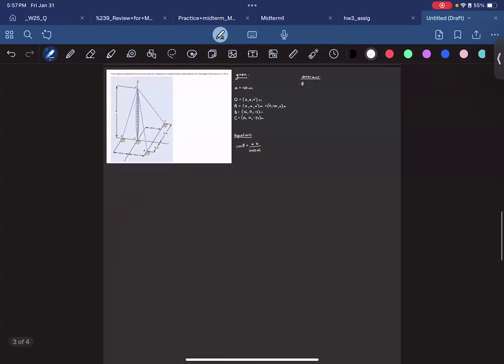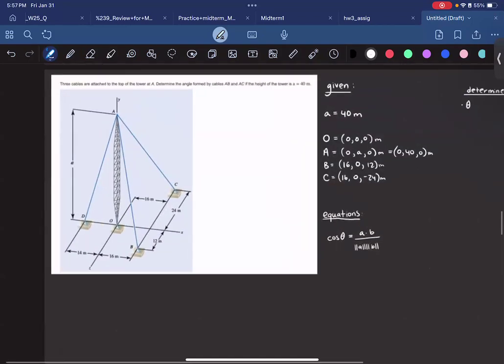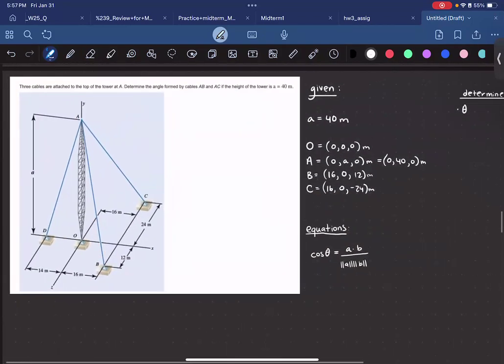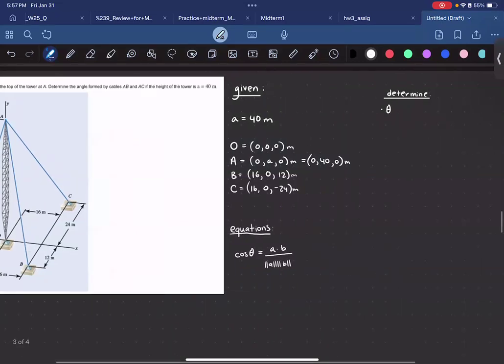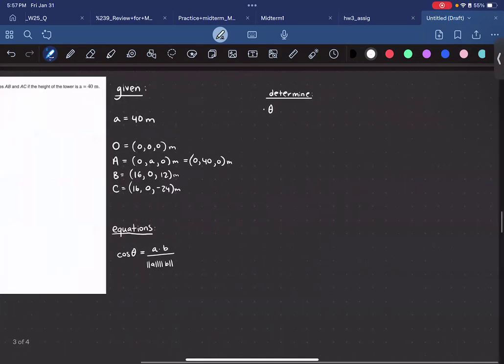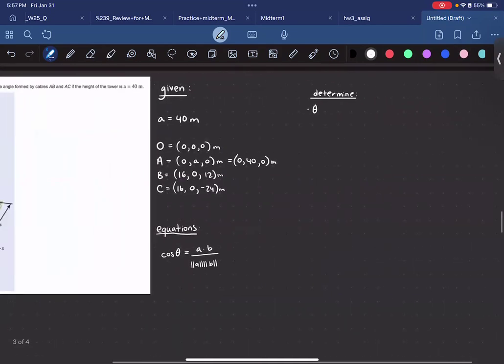So for problem number three, the description states three cables are attached to the top of the tower at A. Determine the angle formed by cables AB and AC if the height of the tower is 40 meters. Looking at this problem can seem kind of daunting because you might be wondering how you can find the angle between two vectors.